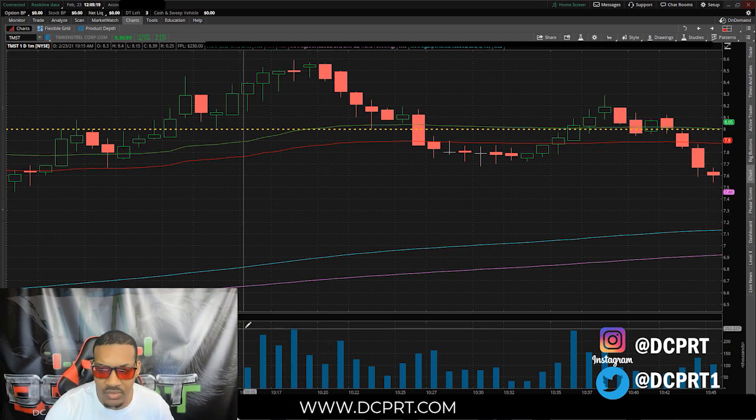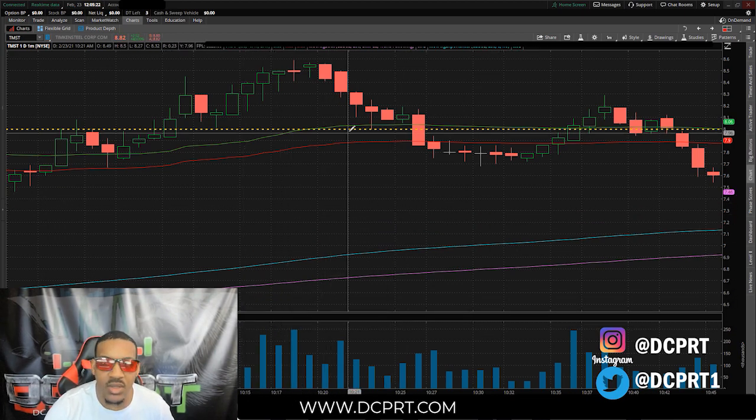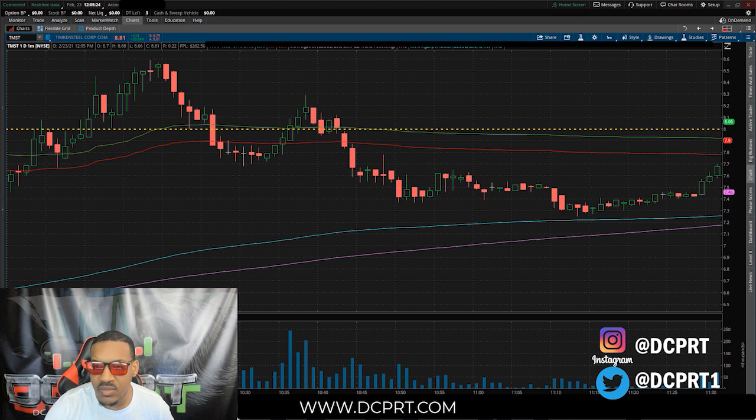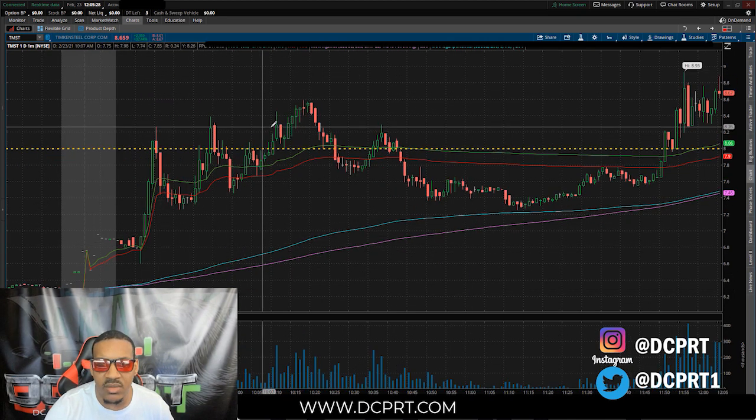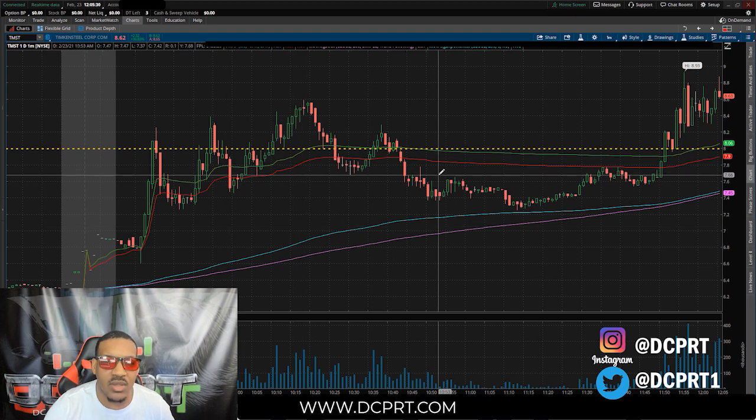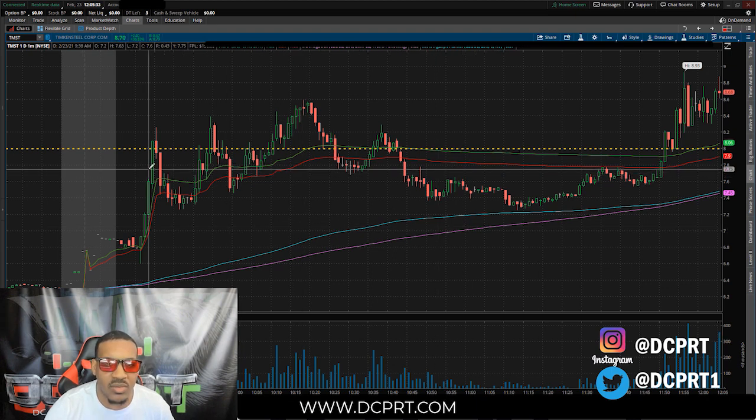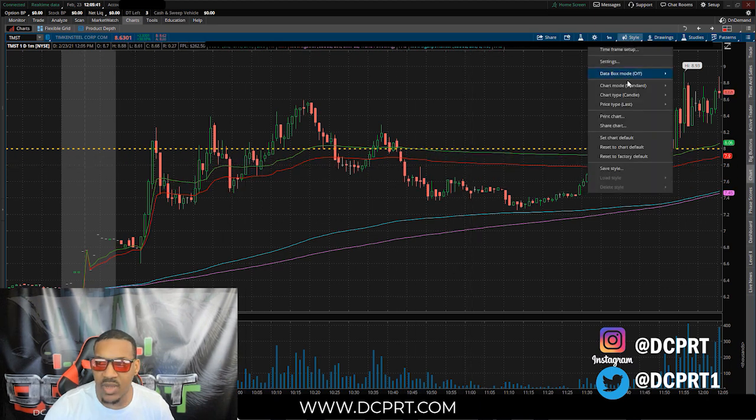So as y'all can see, this is TMST. A lot of green and red candlesticks. This is the preferred type of candles. Some people like lines. It's all kinds of styles, as y'all can see.